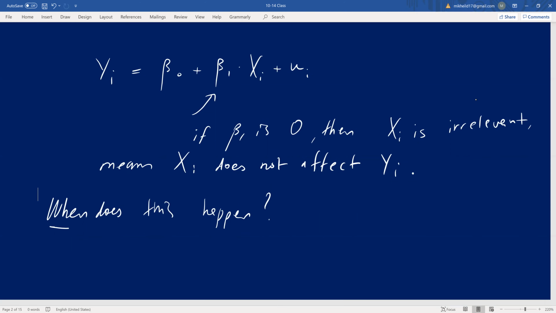Maybe this is not a good way to ask this question, but it still, I think, is an okay question. It happens when you find that beta 1 is insignificant.